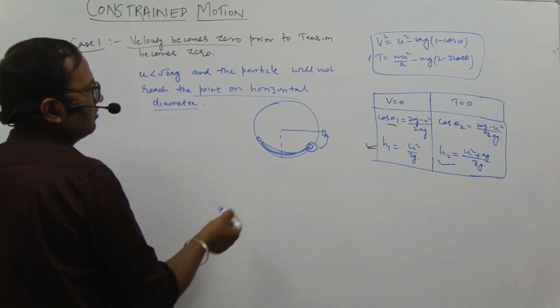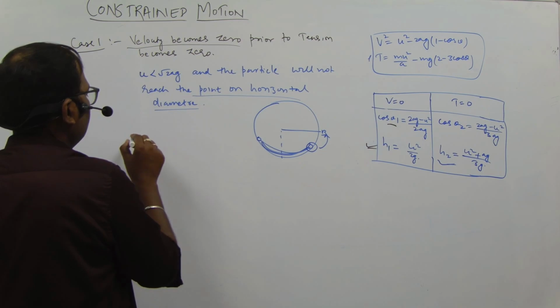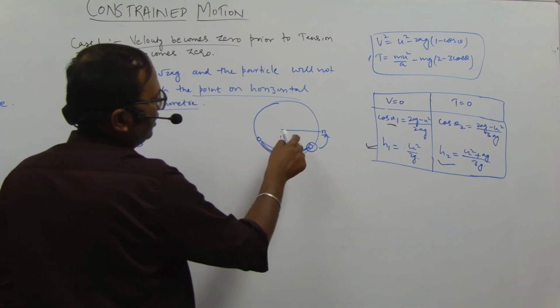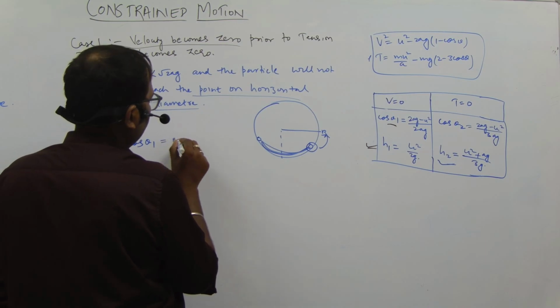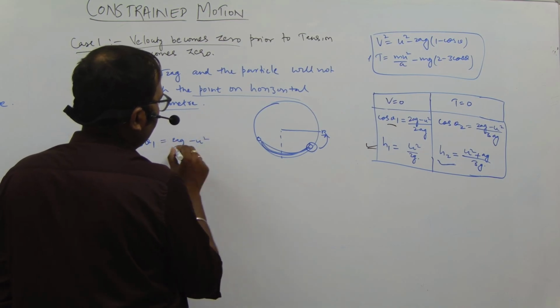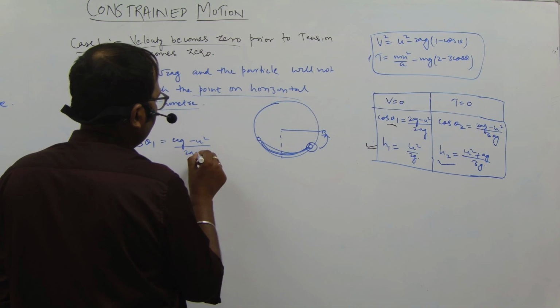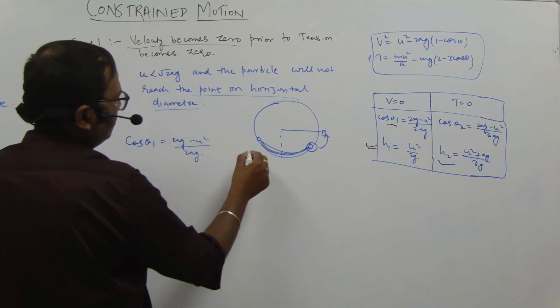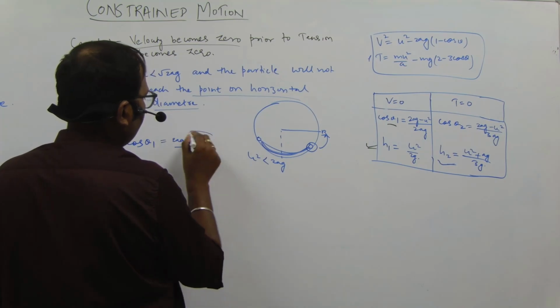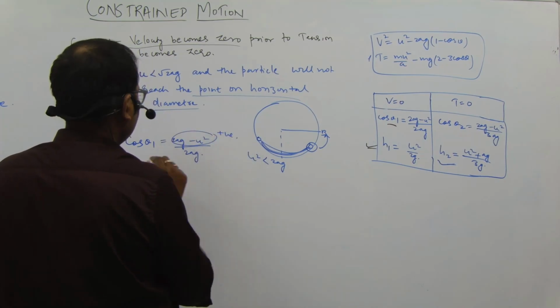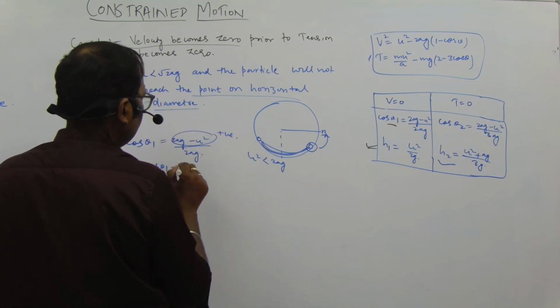So let us verify the cos theta 1. At what angle will this be reached? We have cos theta 1 as (2ag minus u square) upon 2ag, and u square is less than 2ag, so this whole value will be positive. So cos theta 1 is positive.